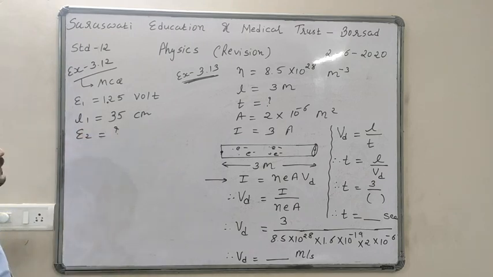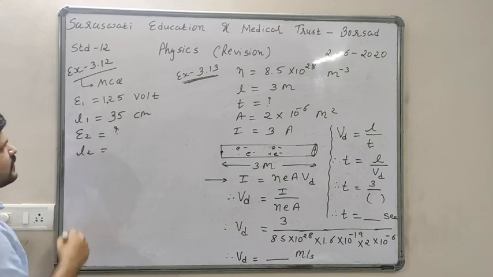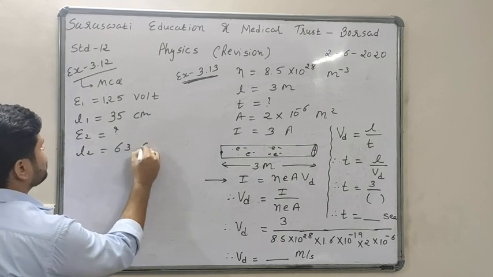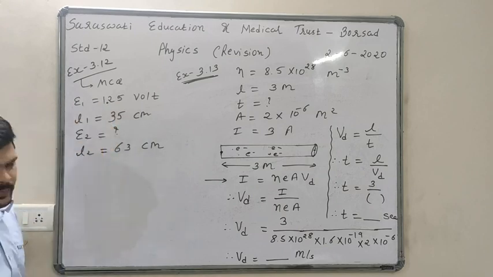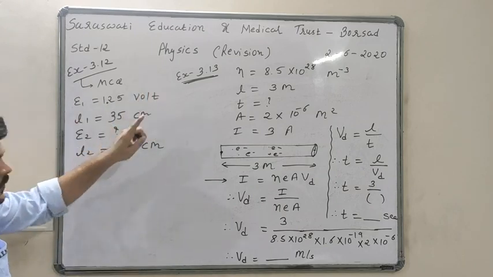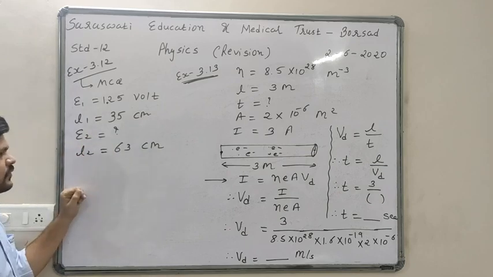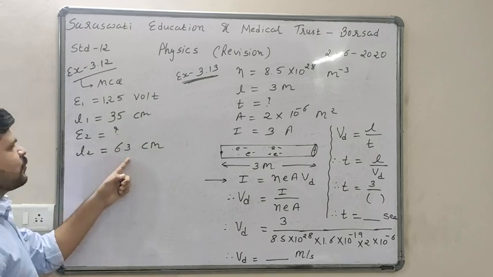We are asked to find out that battery's EMF, and we are given the null point of the second battery, that is 63 centimeter. So when we connect the battery of 1.25 volt, the null point is 35 centimeter. Now what will be the EMF of the battery when its null point is 63 centimeter?